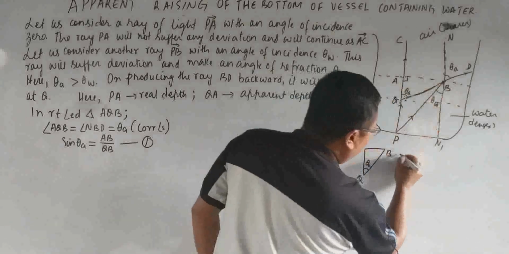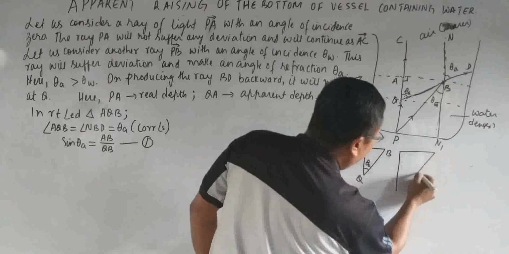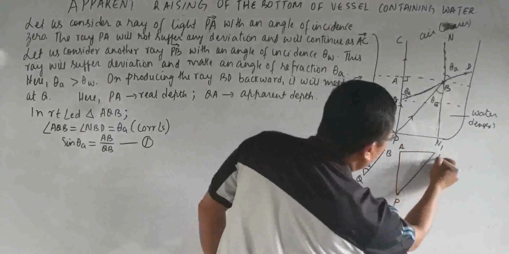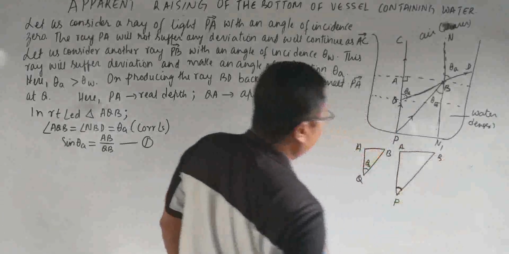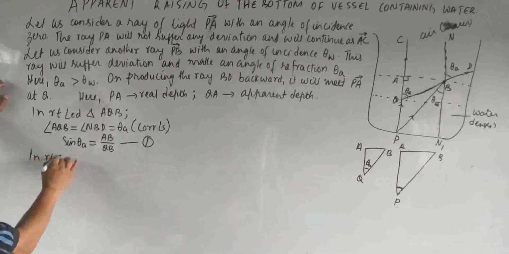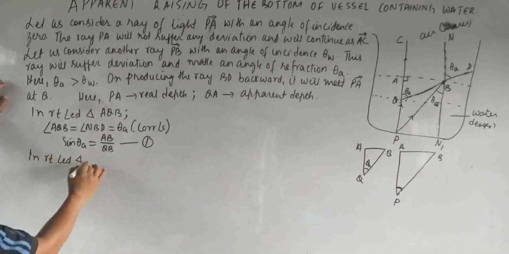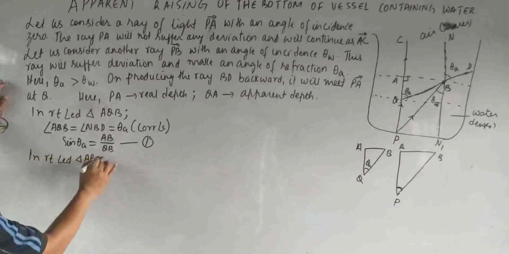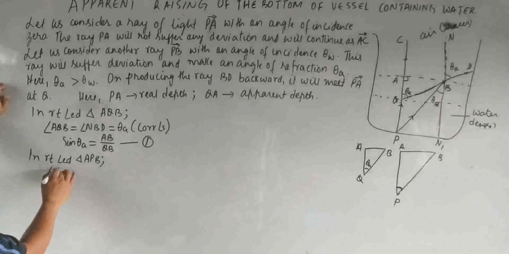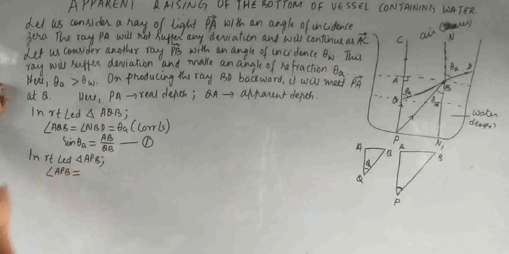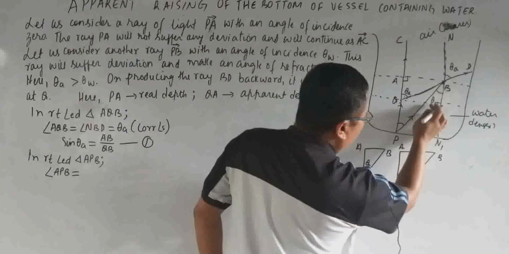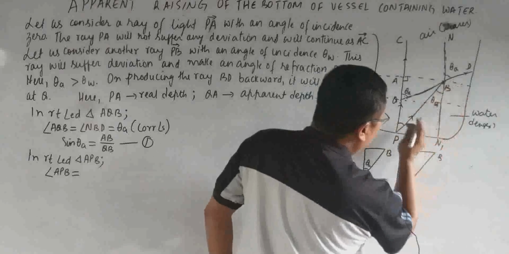Then take the other right angle triangle, which is APB. Now this angle is important. So in right angle triangle APB, angle APB will be equal to PBN dash.